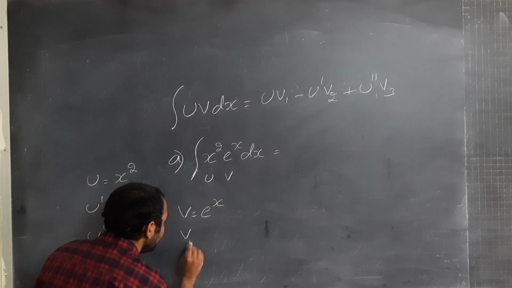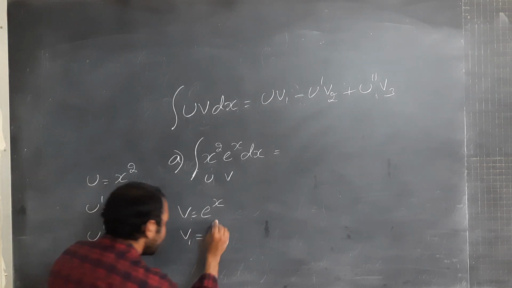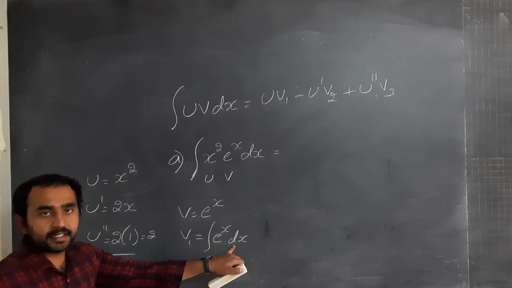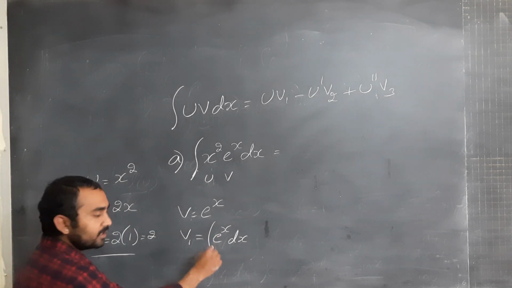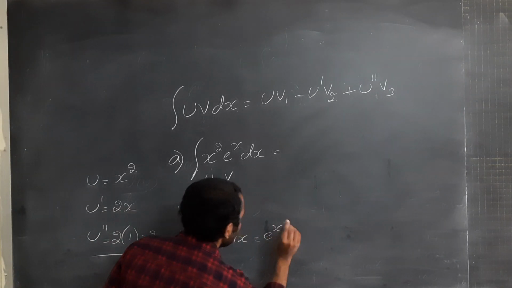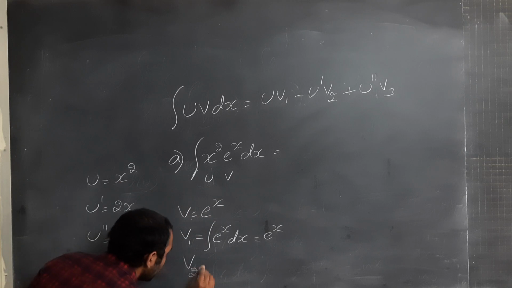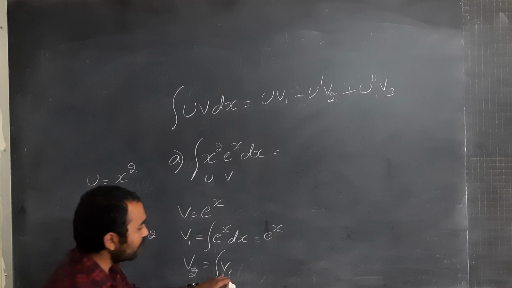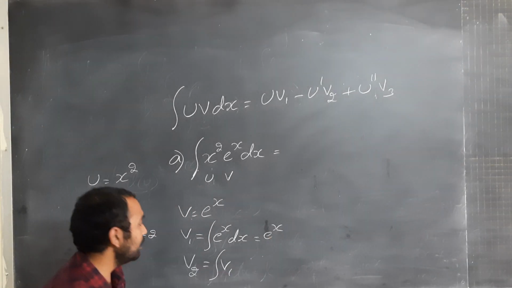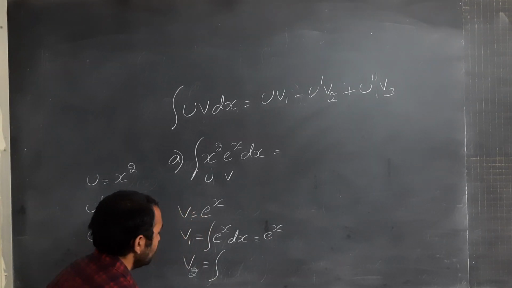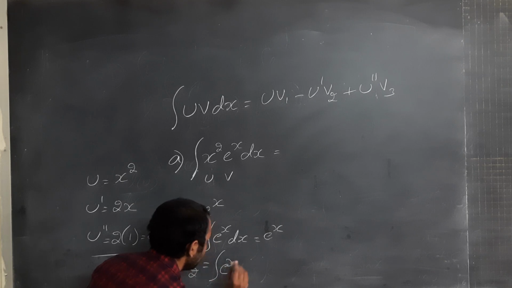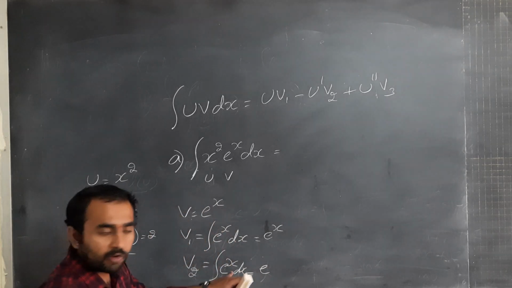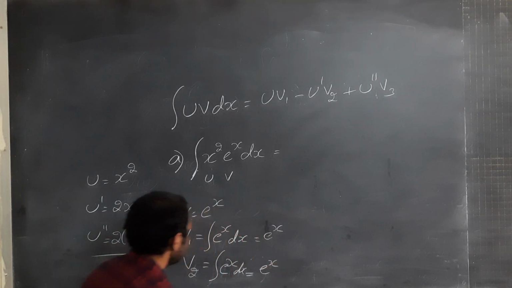So v equals e power x. To find v1, we integrate e power x with respect to dx, and the integration of e power x is e power x. v2 means the integration of v1, that is e power x into dx, and the integration of e power x is e power x.